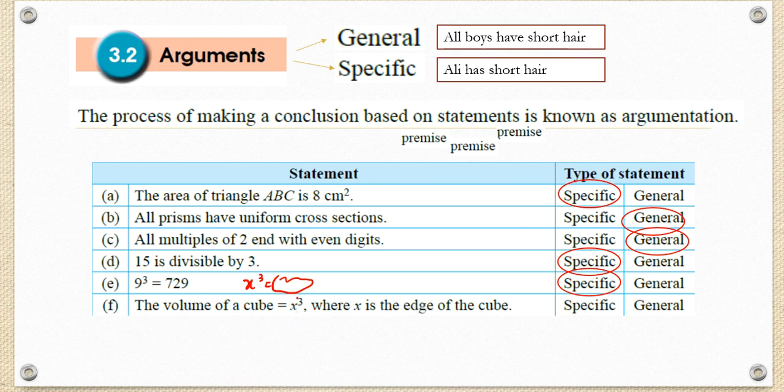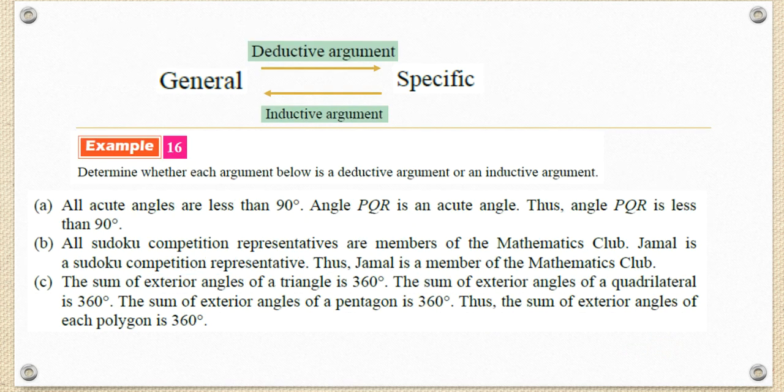They didn't give you a specific value here. They give you only a general formula, so this is general. Remember, for arguments we have general and specific. Remember these two examples. Between these two, you can change from general to specific or from specific to general.